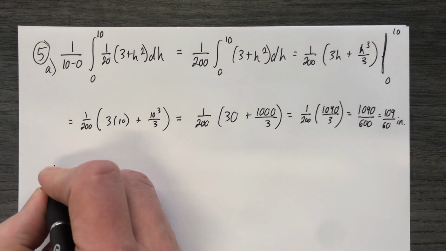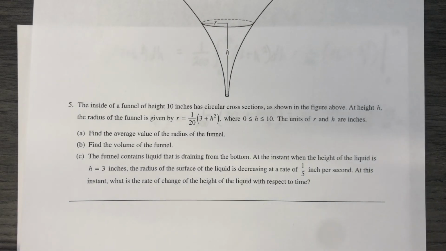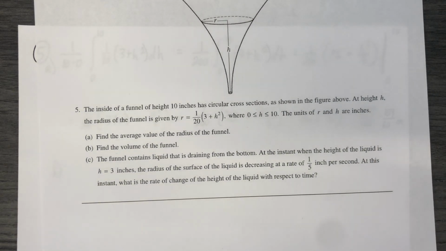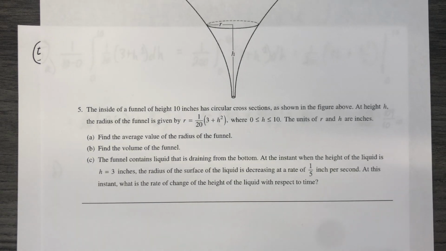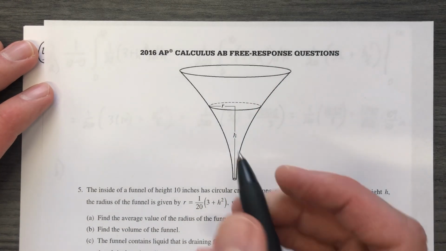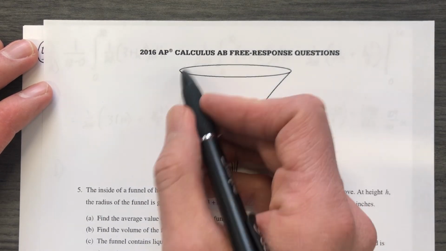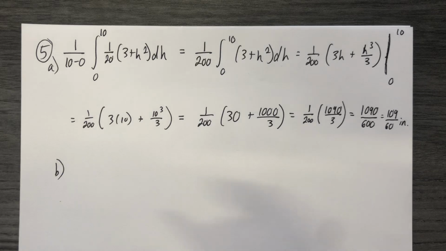Here we go. Part B. Find the volume of the funnel. Okay, so the volume is going to be the accumulation of the area as we move up. Area of what? Area of all of these circles. So we're going to accumulate a lot of circles as we move from, oh, let's switch colors just for fun.